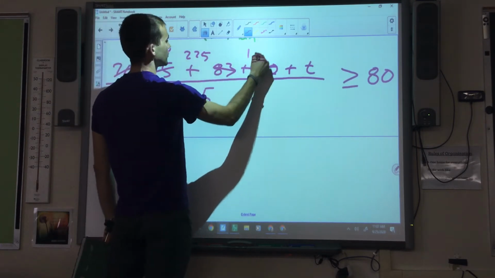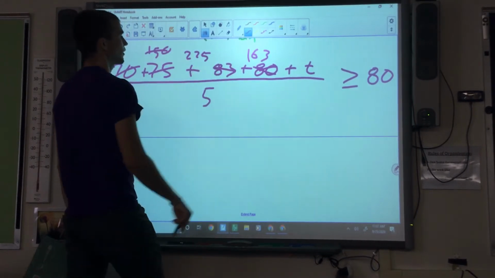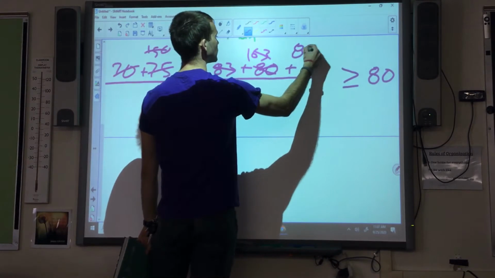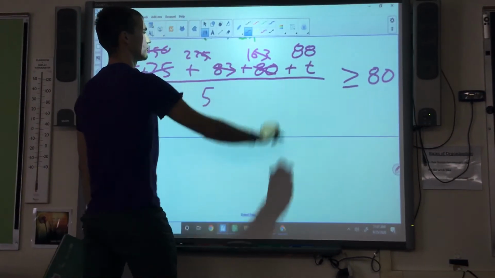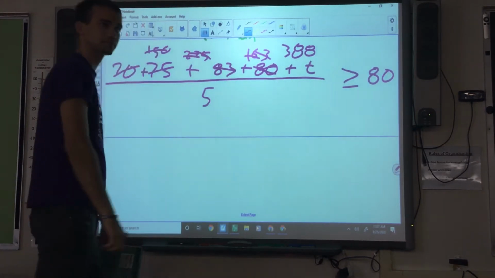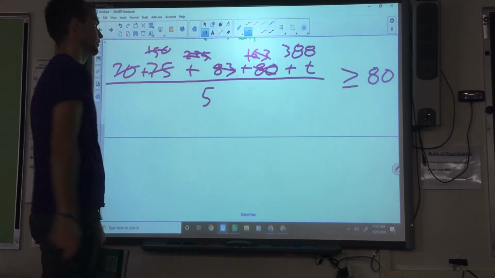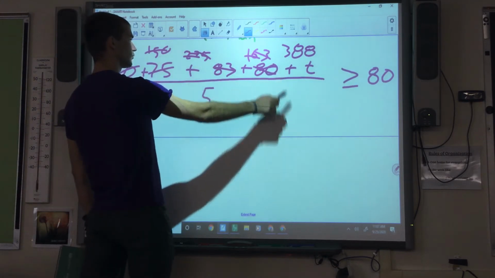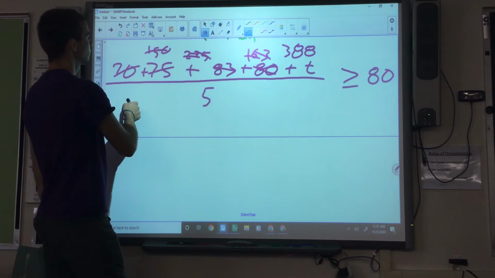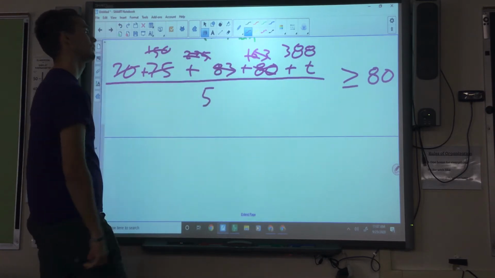If I do 63 plus 25, that's 88, so I got 388 total. If you want to add them all up, you can. That's a faster way for me to do it. You just find numbers that work well together. 70 and 80 work well together.